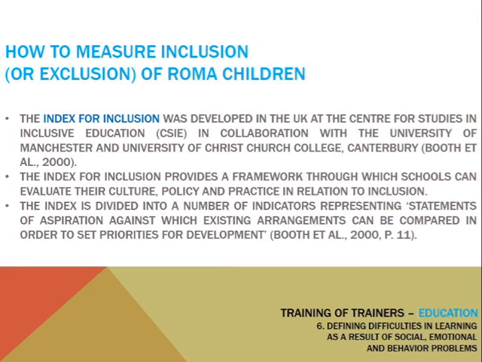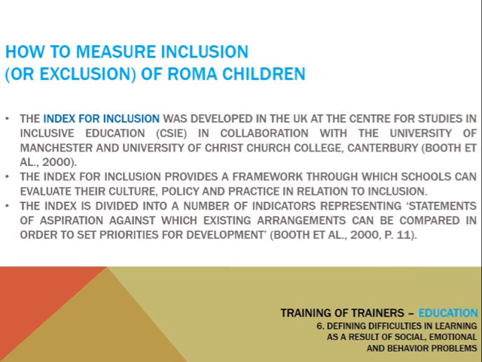According to the index for inclusion, inclusive schools value all pupils and staff equally, restructure their cultures, policies and practices so that they respond to pupil diversity. They reduce barriers to learning and participation for all pupils.